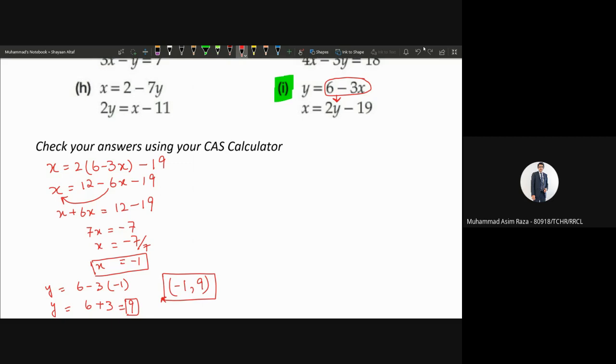Yes, exactly. y is equal to 9, x is equal to -1, so the solution is -1 and 9.